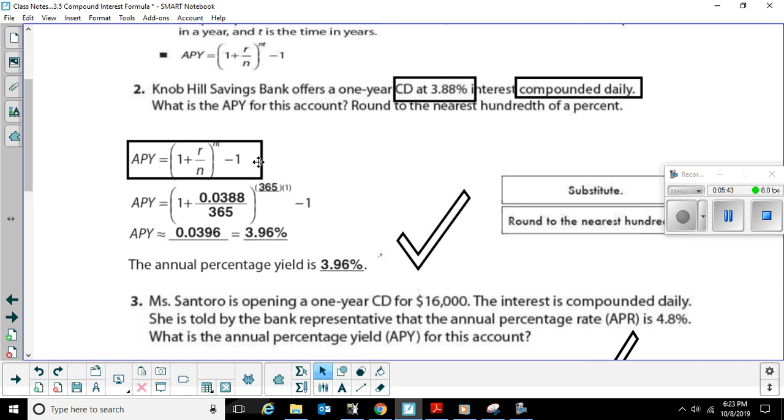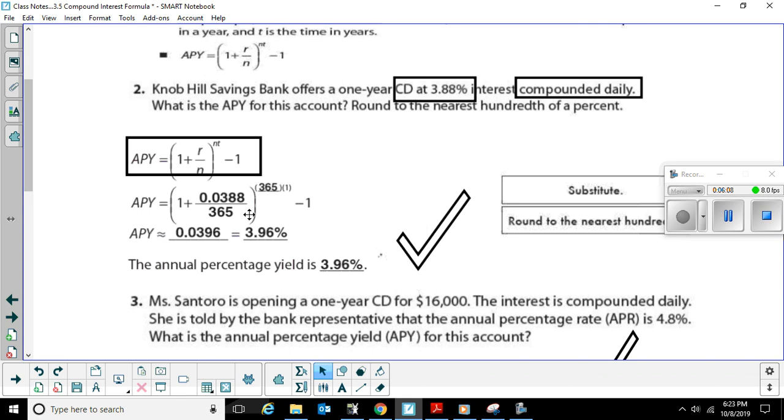So in this formula, we have our rate, the number of times it's compounded, that's going to be raised to the exponent of n times the time. In this case, we know it's 1 year, so that's going to be 1. Compounded daily, that's 365 here, 365 here. This is my percentage.